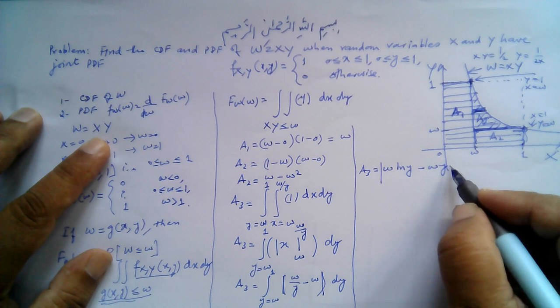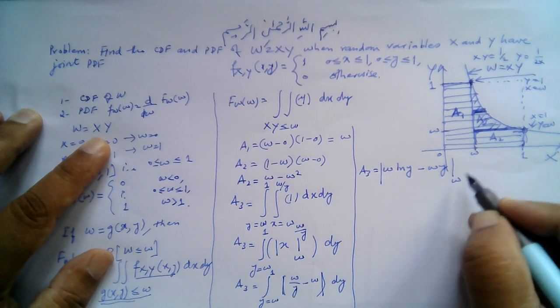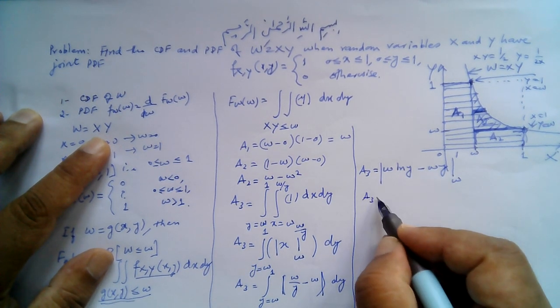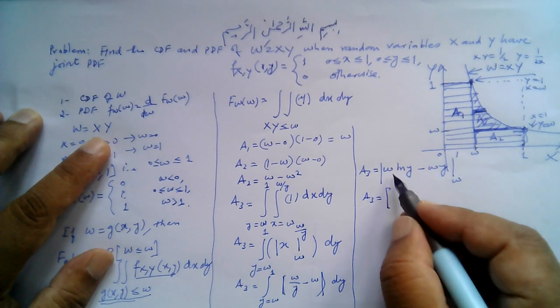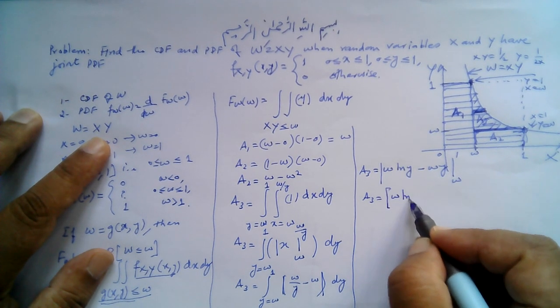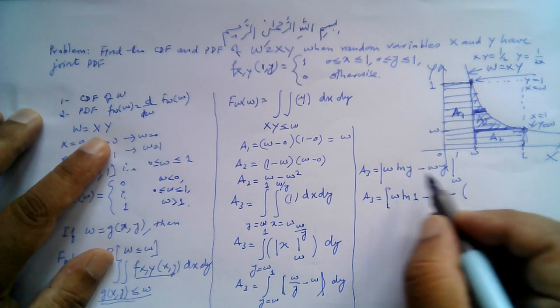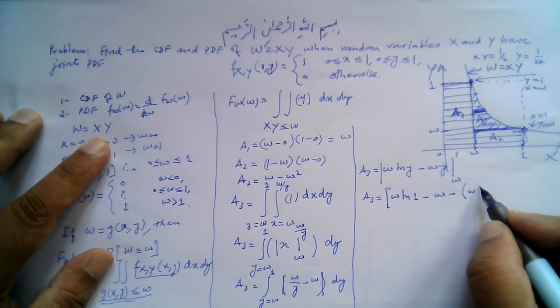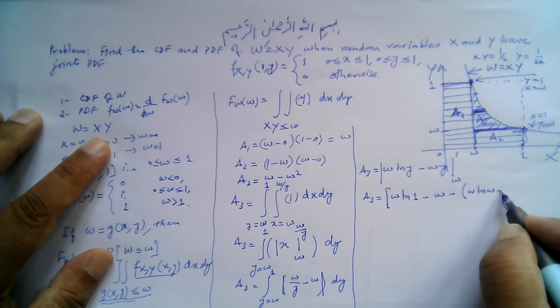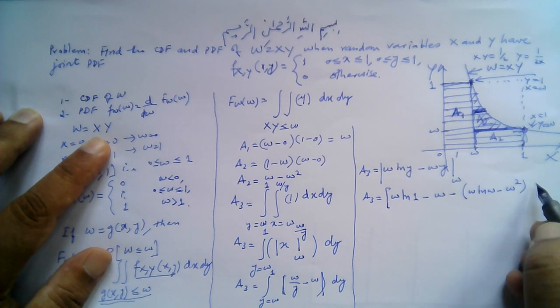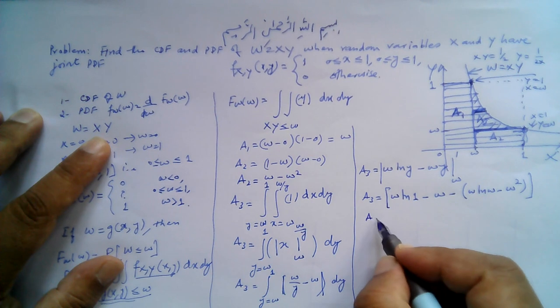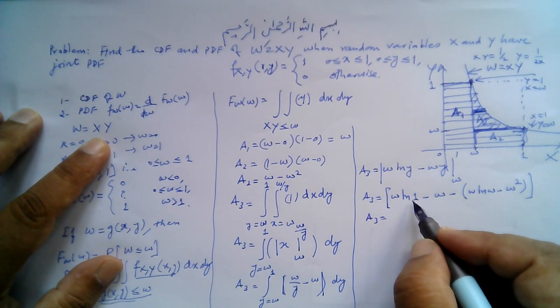And this has limits from w to 1. So put in the limits, then we get w natural log of 1 minus w, minus, then we put in w here, w natural log of w minus w squared, right? So A3 comes out to be, so natural log of 1 is 0, right?